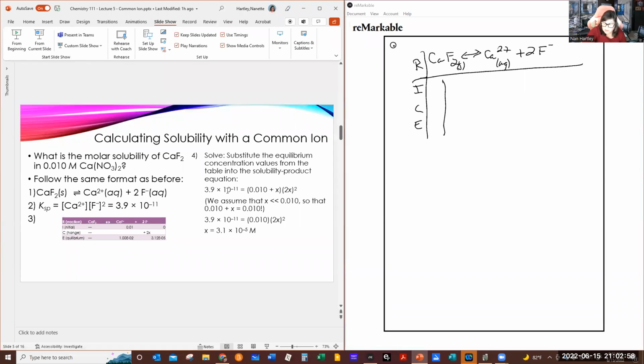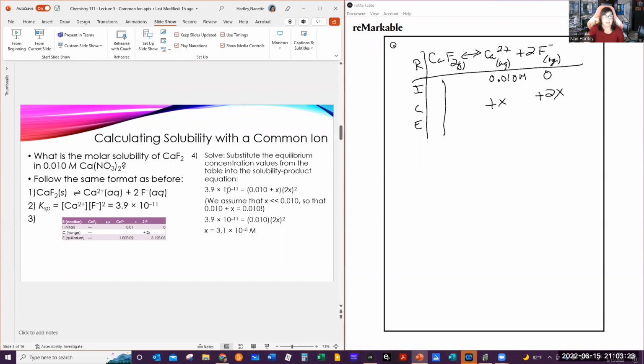This is aqueous. This is aqueous. And I have a 0.01 molar, 0.010 molar. So there's that right there. So that's what my initial is going to look like for this. My change is still going to be the same. I'm going to get a plus X here and a plus 2X there.